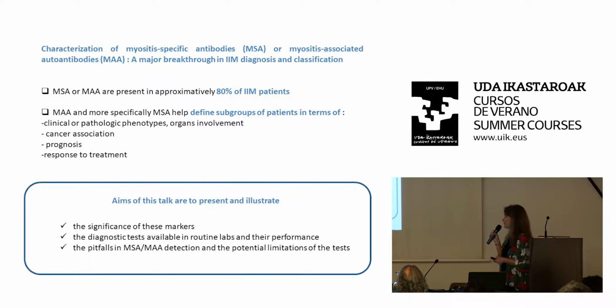Myositis-associated and more specifically myositis-specific autoantibodies help define subgroups of patients in terms of clinical or pathological phenotypes, such as ILD as an example, but also organ involvement, cancer association, which is very important, prognosis also, and response to treatment.